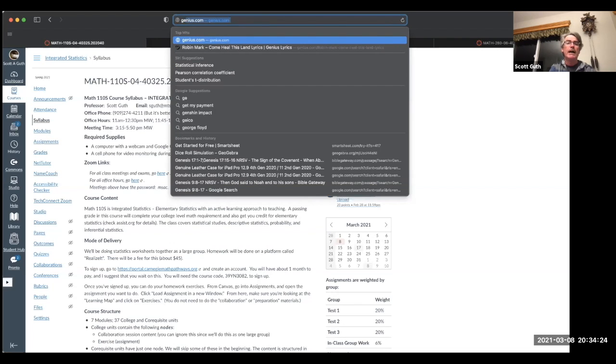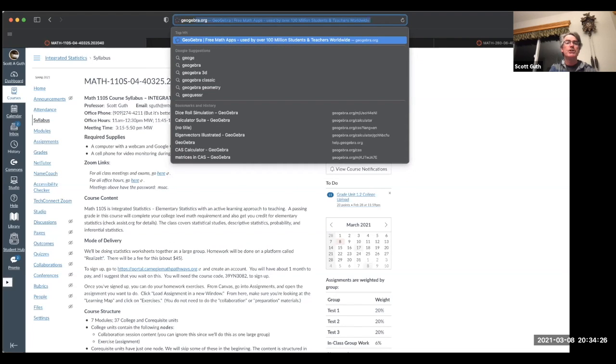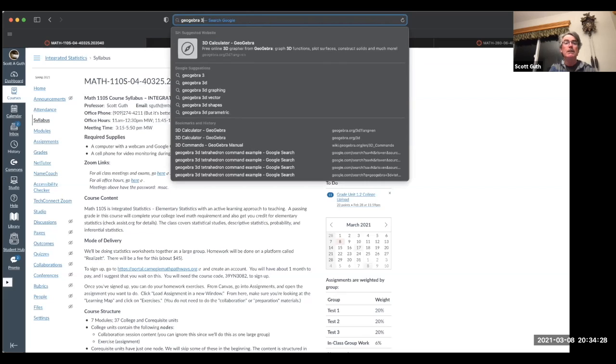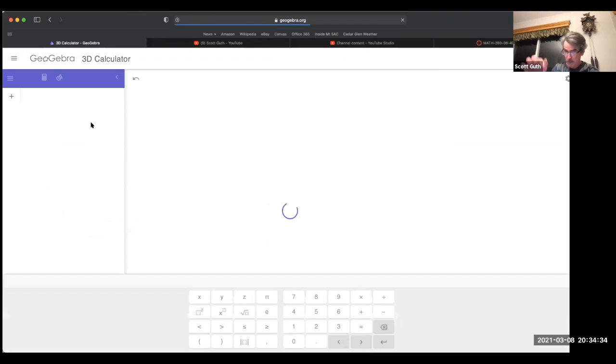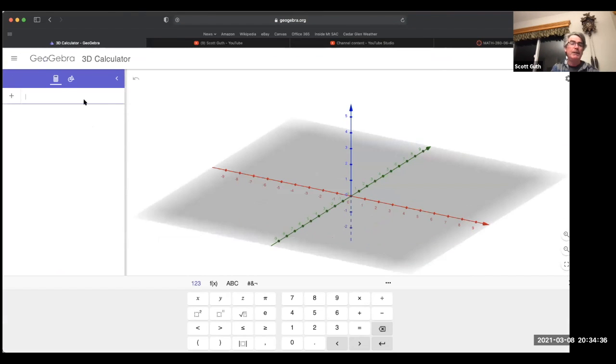But let's do, I always just type GeoGebra 3D and it takes you to the 3D grapher. Okay, GeoGebra 3D. And you can type any of these in.